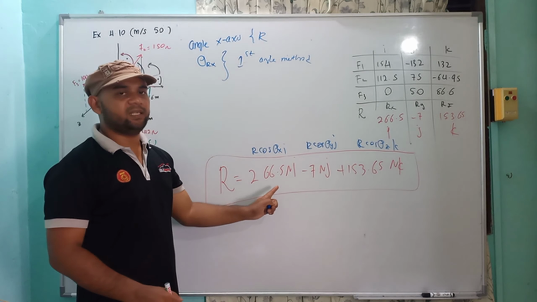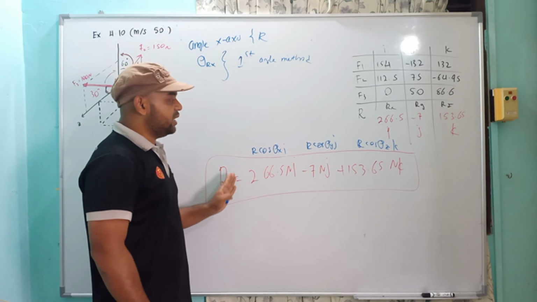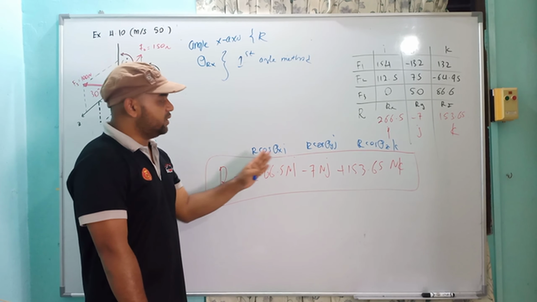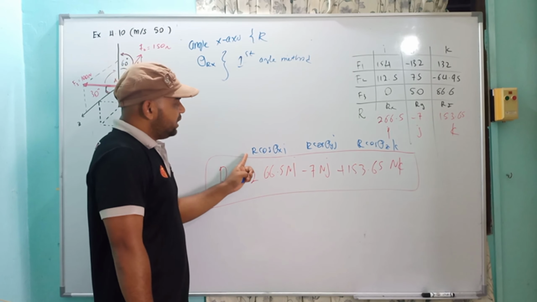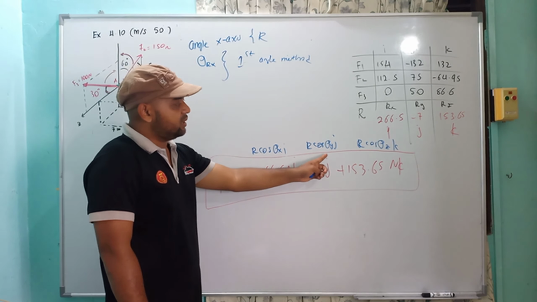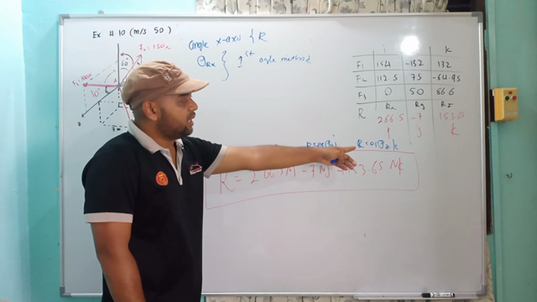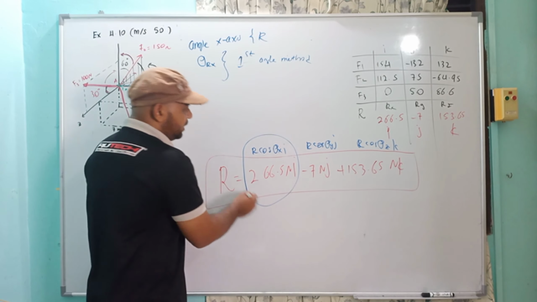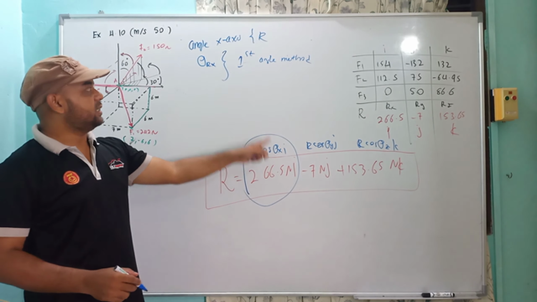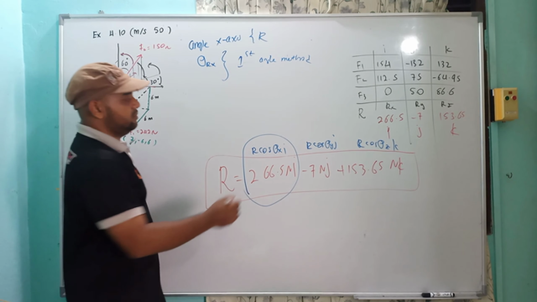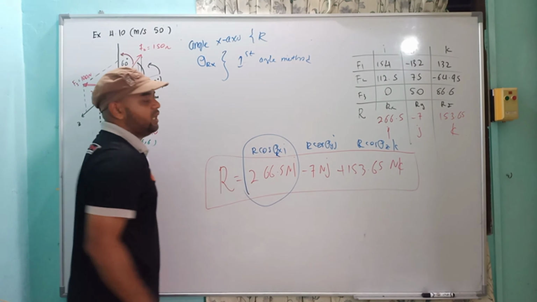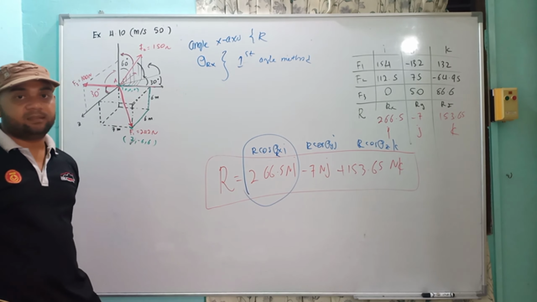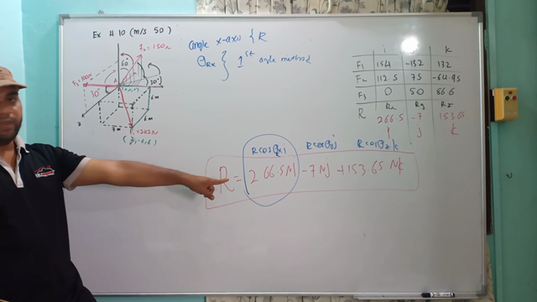This is the first angle method. If you want to resolve any given force, you just resolve it into i, j, k. So this is equivalent to R cos theta x. Theta Rx, because it is R, so I put R.